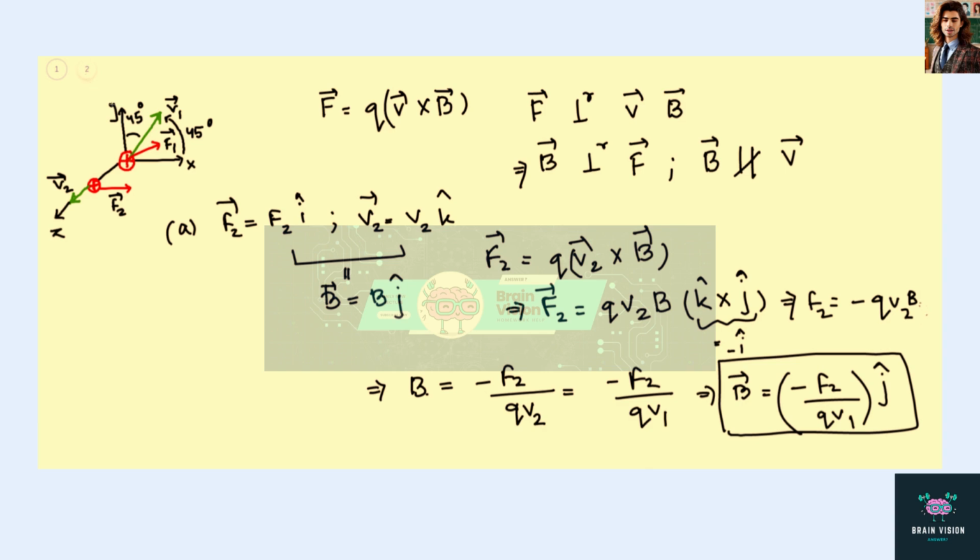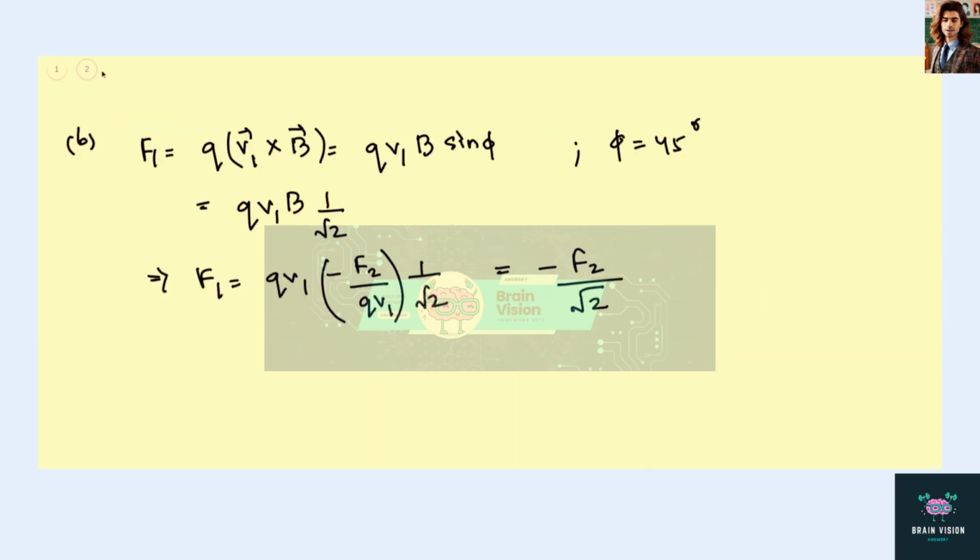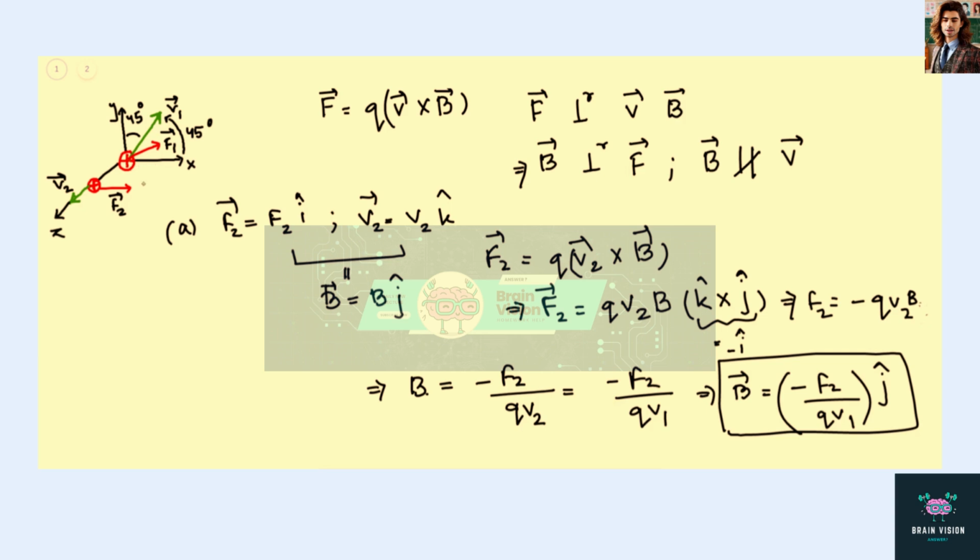Now, one thing to consider over here is that while taking the magnitude, it should always be taken to be positive. And so this becomes plus here. That means F1 is equal to F2 over root 2, and this points in the direction as shown here.